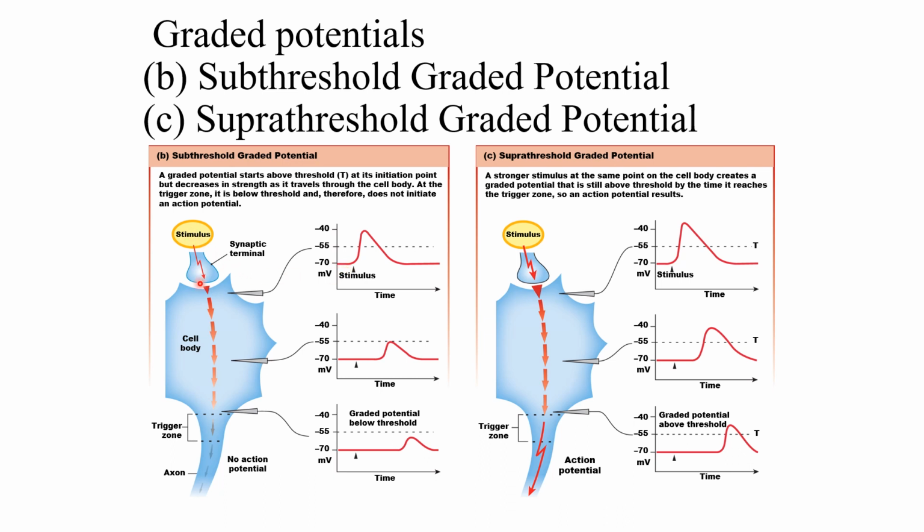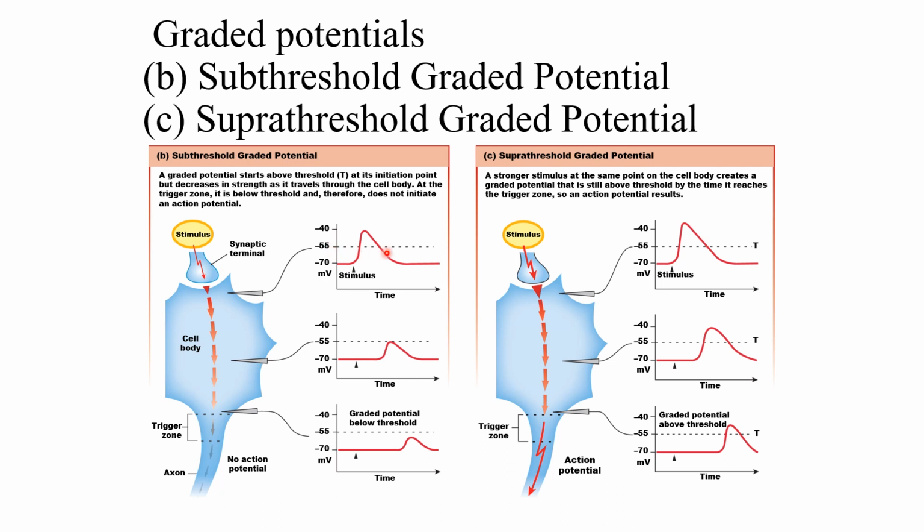So if there is a stimulus that triggered a graded potential, and sodium channels start to open, where sodium ions start to enter into the cell, it will start depolarizing. So as you can see right here, the shift is taking place, and we are shifting to becoming less negative.